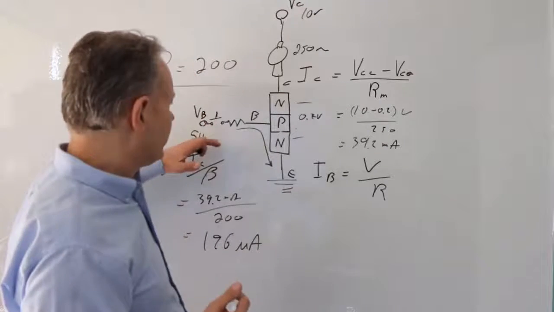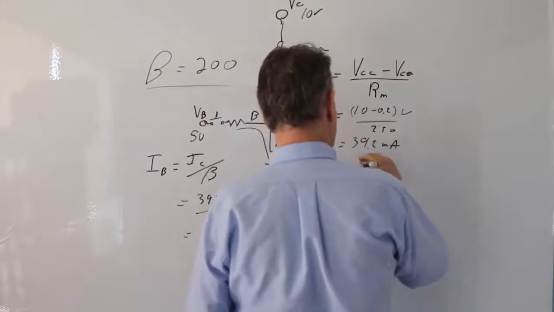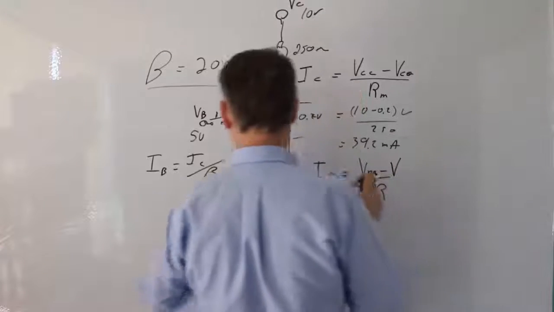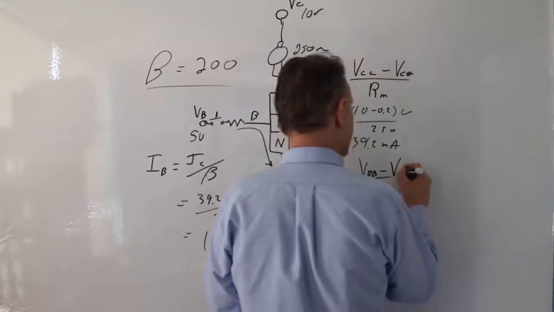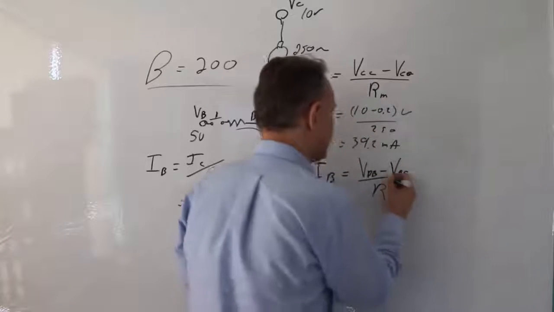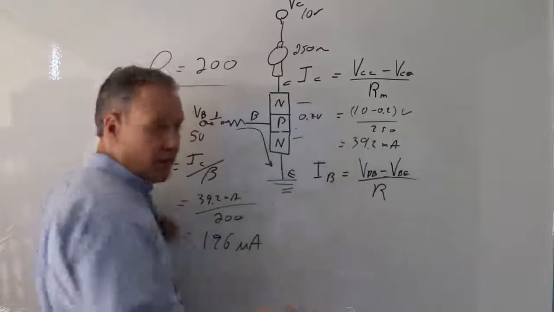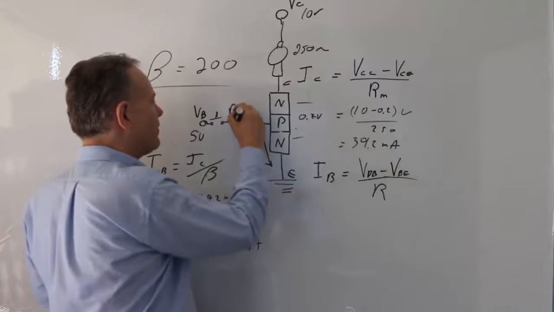So this voltage drop across this resistor actually looks like this. It's the voltage minus the voltage of the actual source, the VB, minus, in this case, the BE junction voltage, which is 0.7. And in here, my R is my RB.